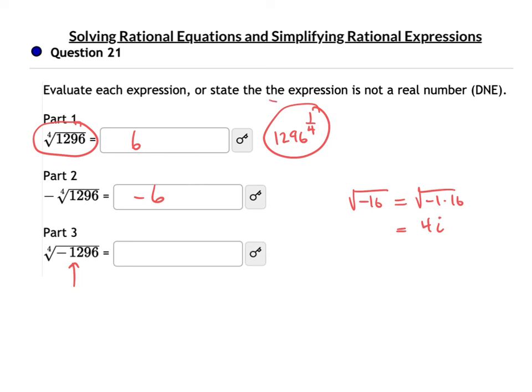And what they say here is if it's not a real number, enter DNE. You can't take any even root of a negative for the same reason you can't take the square root of a negative. There's no number multiplied an even number of times that makes a negative. Not possible. This then is DNE. The answer does not exist.